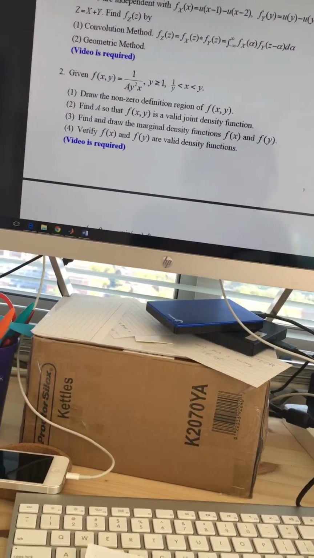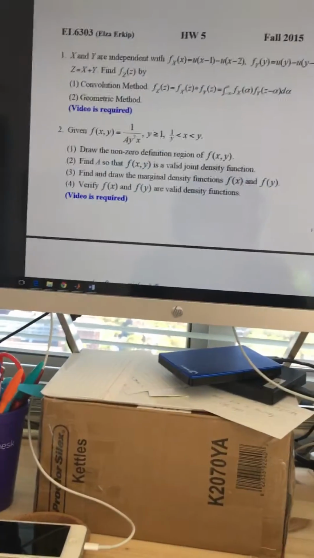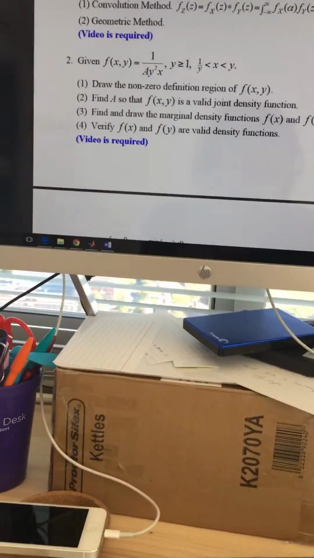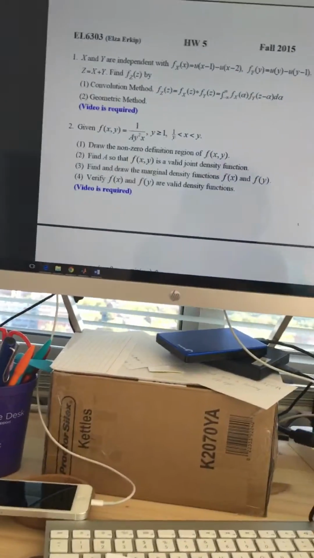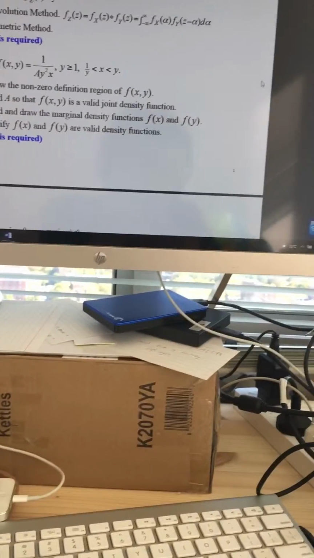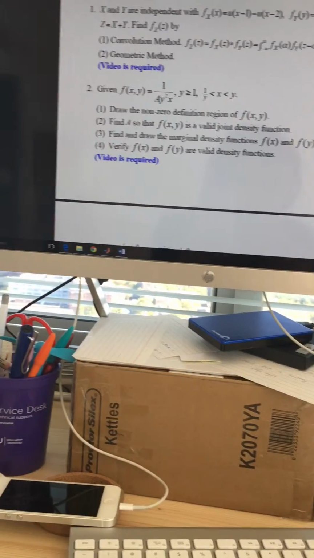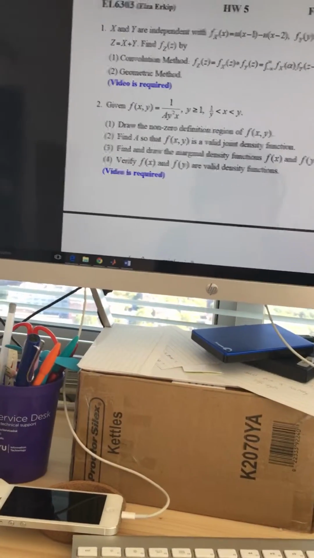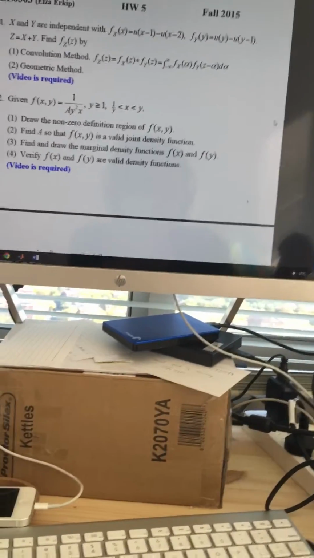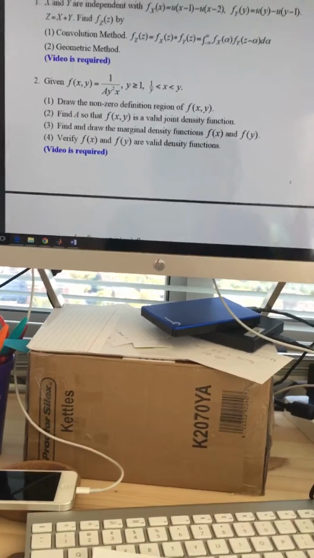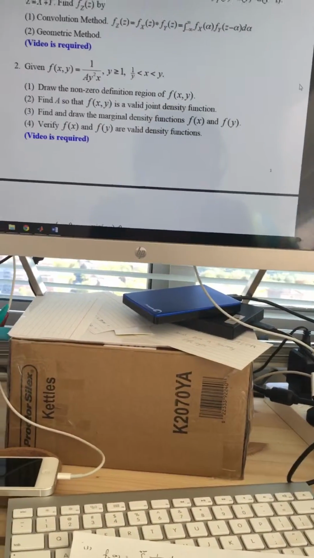That's the second question. About the third question, find and draw the marginal density functions f(x) and f(y). To find the marginal density function, we start with one random variable and integrate it out, which yields the marginal density function, f(x) and f(y).